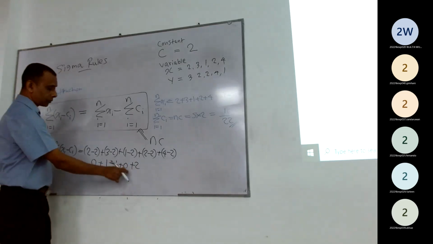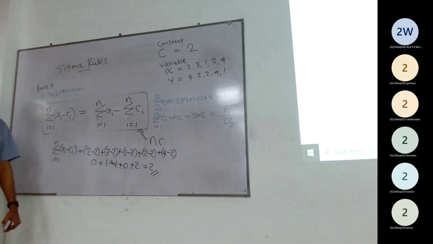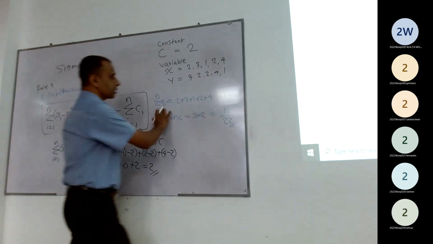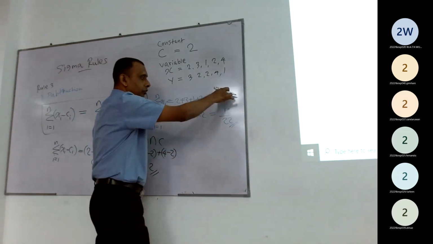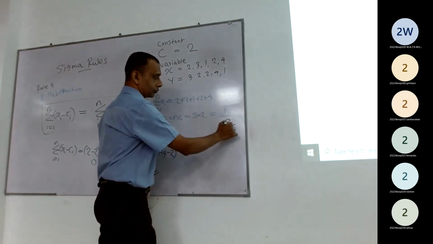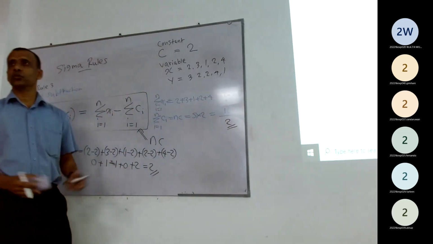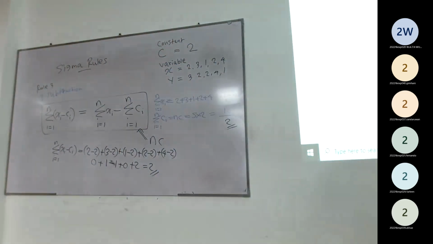Plus 1 minus 1 plus 2, answer is 2. Then sigma x is 12, sigma c is 10, 12 minus 10, again 2. Subtraction also you can do separately. No problem.